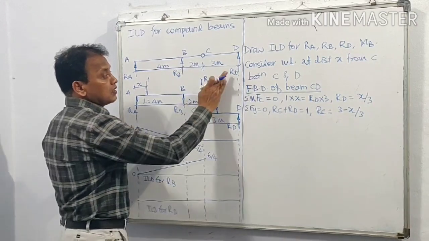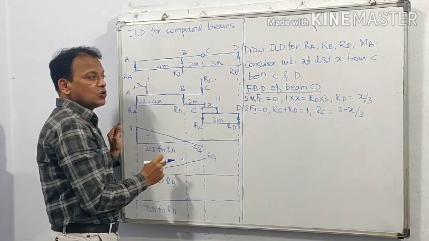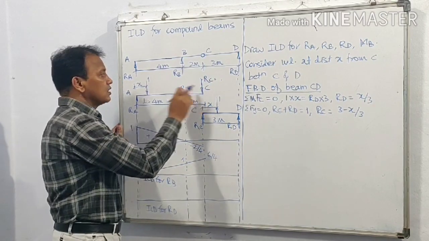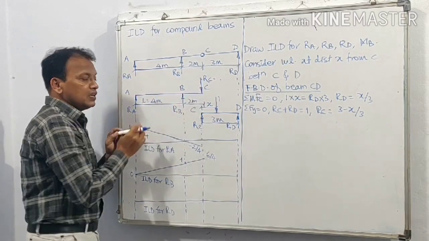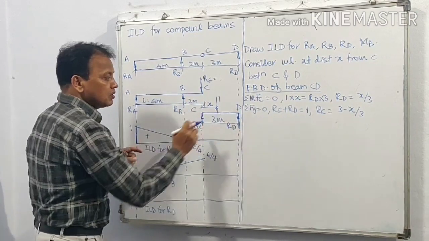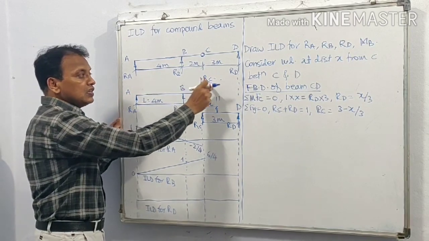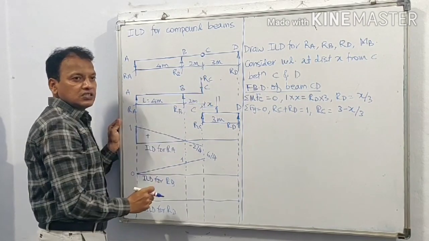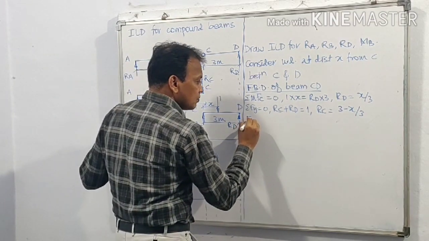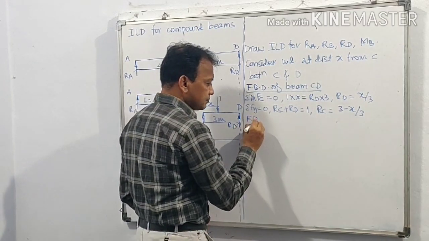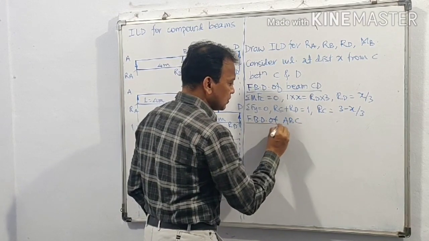So when unit load is moving from C to D, definitely RC is not equal to 0. So here now unit load is not between A and C. Unit load is between C and D. But here for beam ABC there is reaction RC. RC has certain value. So let us consider free body diagram of beam ABC.